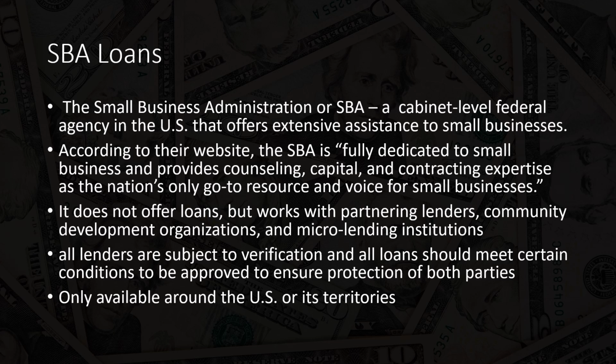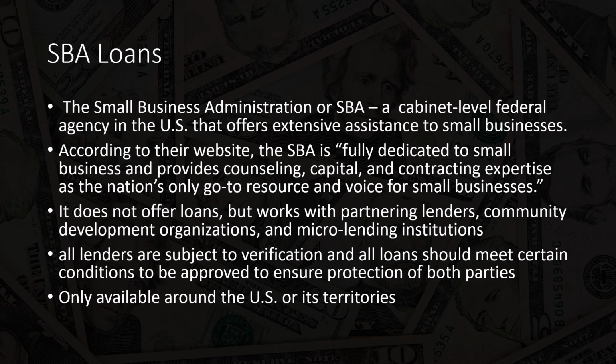SBA does not offer loans, but instead, it works with its partnering lenders, community development organizations, and micro-lending institutions. To ensure protection for both borrowers and lenders, all lenders are subject to verification, and all loans should meet certain conditions to be approved.